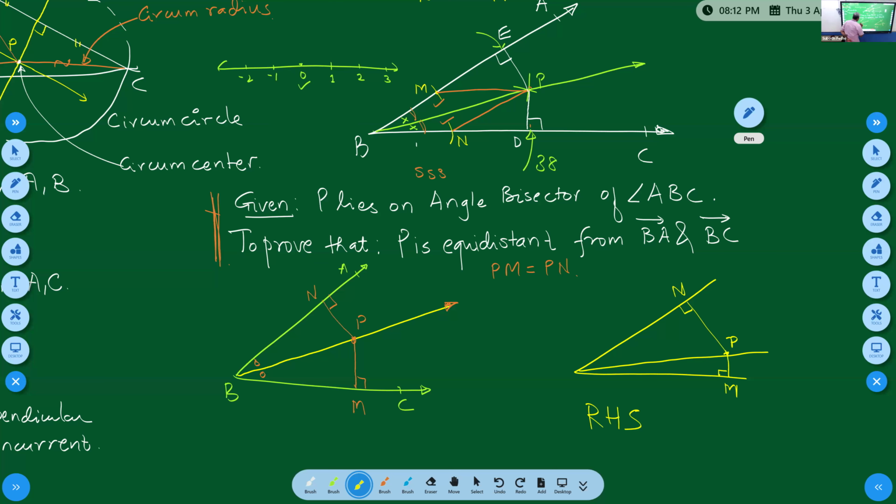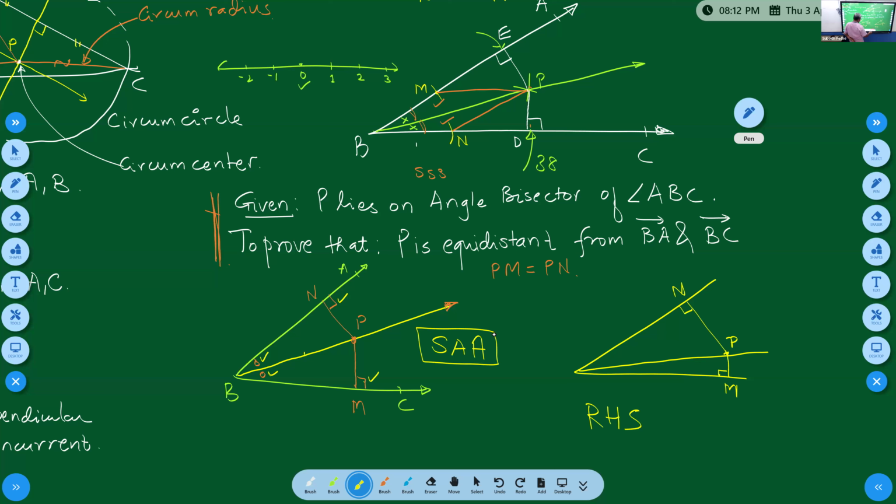Okay, so in this diagram you can see one angle is equal, 90-90. Given that these angles are also equal, and we want one side which is BP is equal to BP. So angle, side, angle. These two triangles are going to be congruent by SAA.